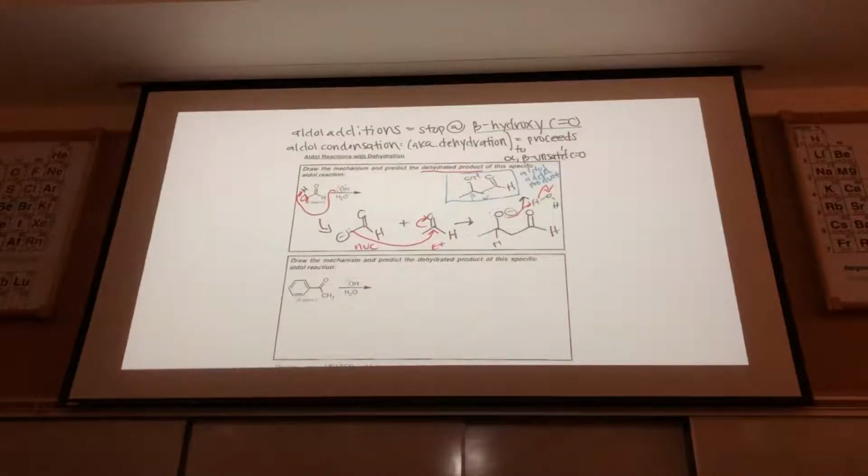So dehydration, that means we lose water, and we know we're going to get an alpha beta unsaturated carbonyl, right? So this is an aldehyde in this case. So that means on the alpha carbon, we need to lose the H to make the alkene. So we do basically a type of elimination. And the alpha beta unsaturated carbonyl is our dehydrated product.